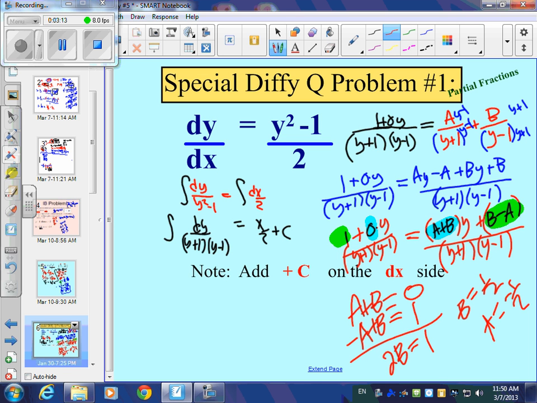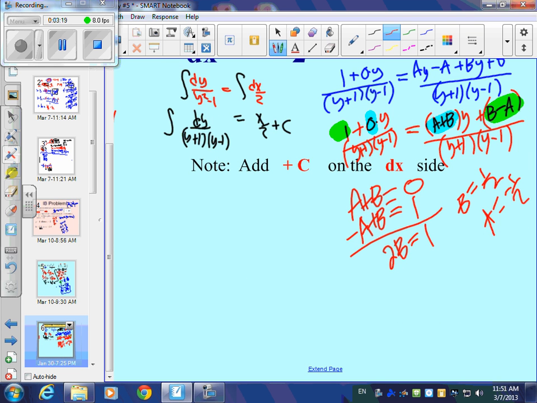So now, we think we're almost done here, but we're not. Now we have all that we need to integrate this. This is equal to the integral of negative 1 over 2 times y plus 1 dy, I think that was negative, wasn't it?